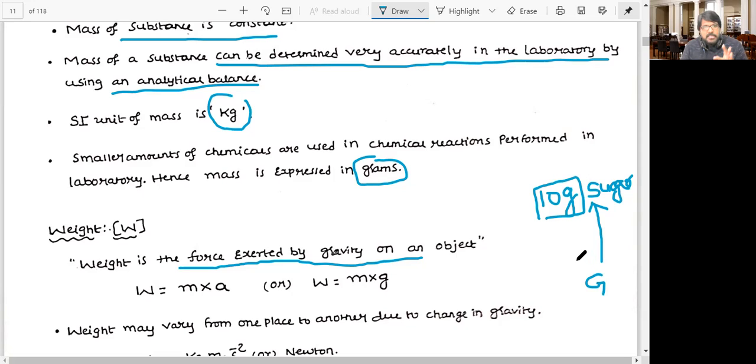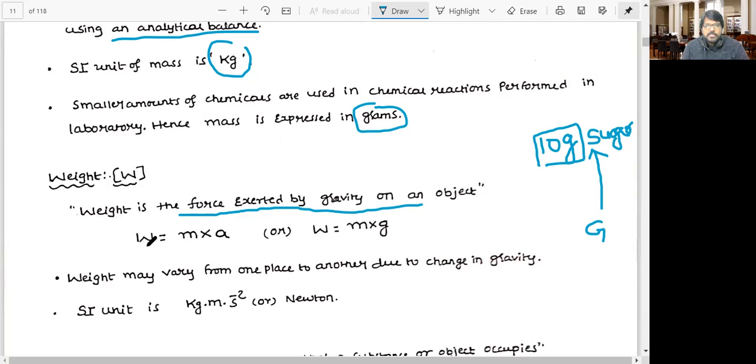So weight is basically the force which is exerted by gravity on a given substance or given object, whatever. I have taken 10 grams of sugar, and whatever force is exerted by gravity on this 10 grams of sugar, if you measure, that is called weight. And generally force is equal to mass into acceleration. The same thing, weight is a force, mass into acceleration.